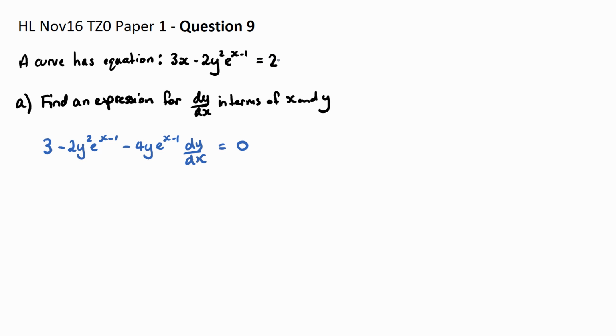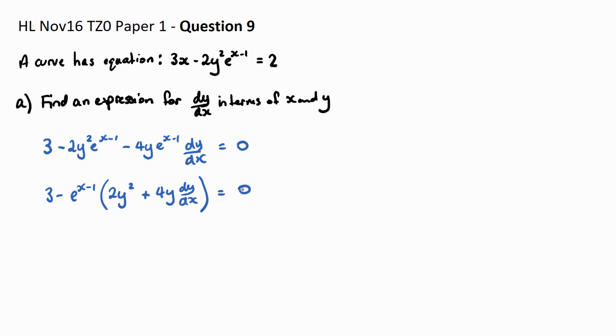So let's now move all of this on the other side. Actually, what we can first do is factorize out the e to the x minus 1. So I'm going to do that: e to the x minus 1, then we're going to have a bracket with 2y squared and then plus, because the minus we factored out, 4y, and then we also have a dy dx here, equals 0.